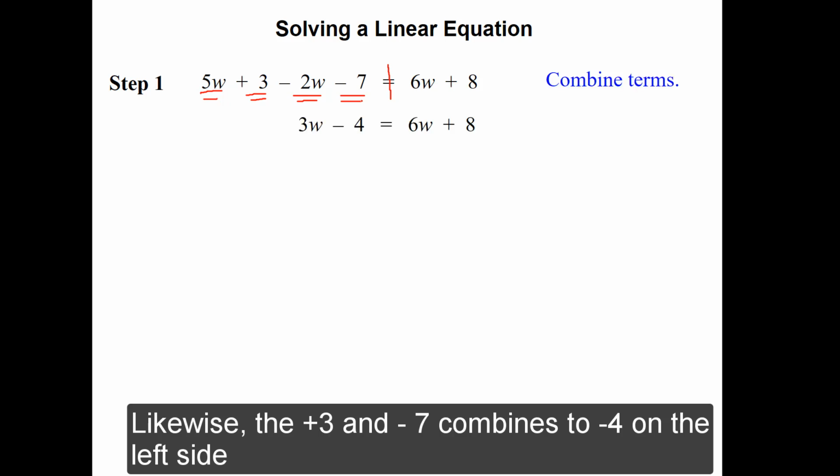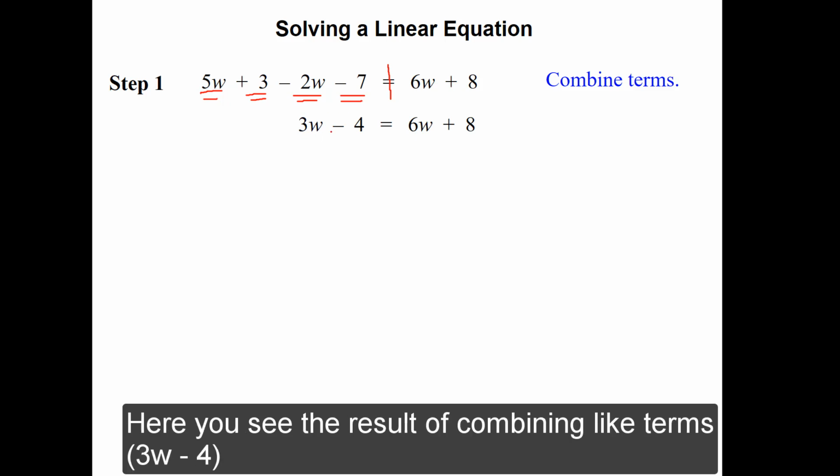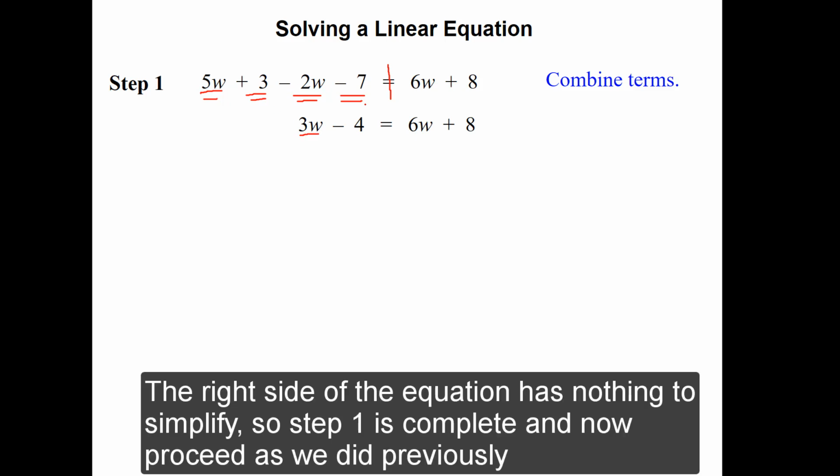So let's go ahead and do that simplification. So here you see the result. The 5W minus the 2W resulted in 3W, plus 3 minus 7 resulted in negative 4. On the right side of the equation, there is nothing to simplify. So at this point we have completed step 1.